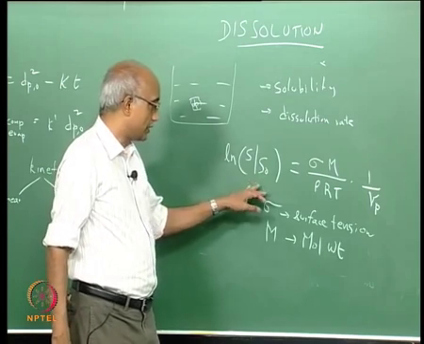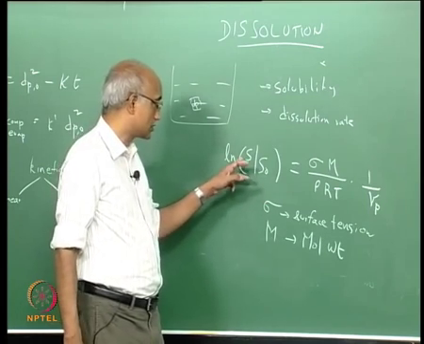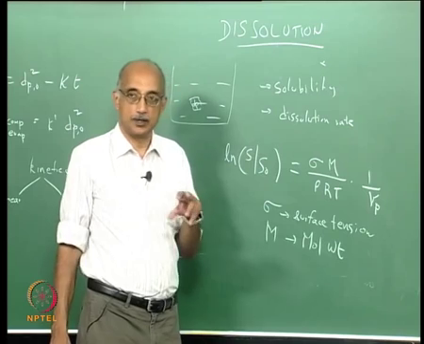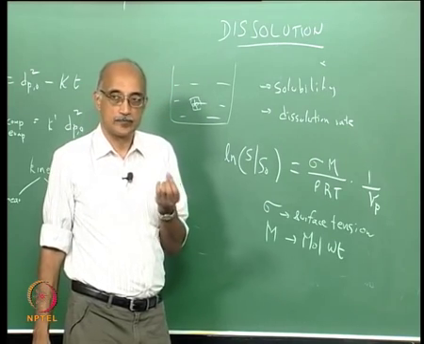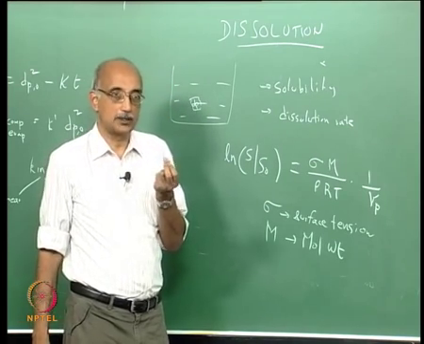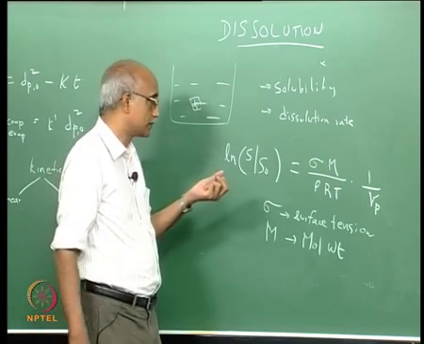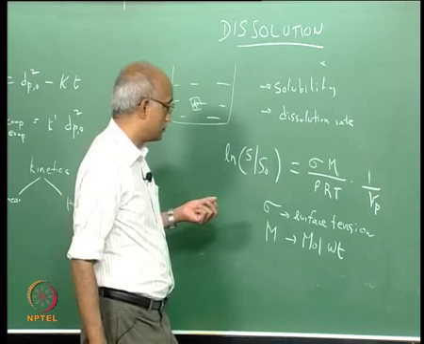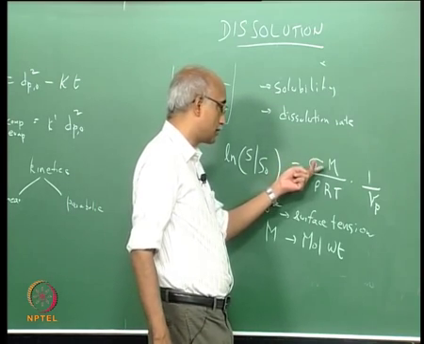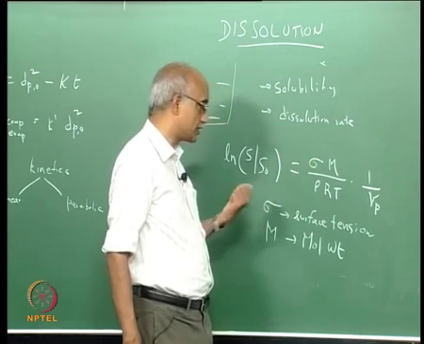So, basically what we get from this equation is the solubility is inversely related to particle size. So, the finer that you make the particle, the greater is the solubility of the material into the liquid. And so you can see that there is also the surface tension.